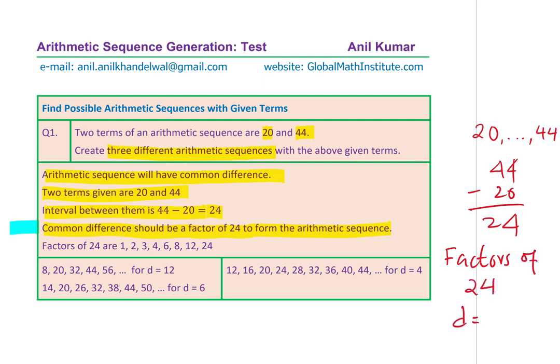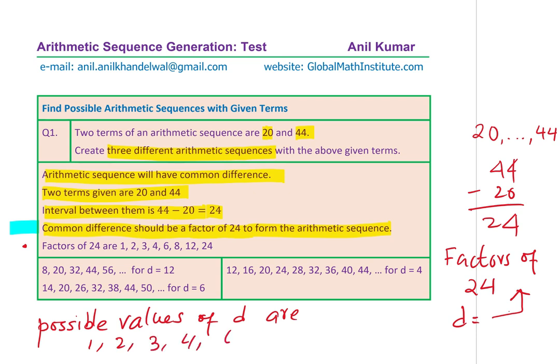They will be equal to D. So we can list the factors of 24, which are 1, 2, 3, 4, 6, 8, 12, and 24, right? So these are the factors of 24, and therefore these are possible values of D. So we can say the possible values of D are all these values: 1, 2, 3, 4, 6, 8, 12, or 24.